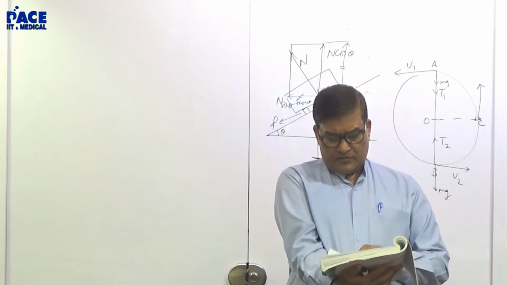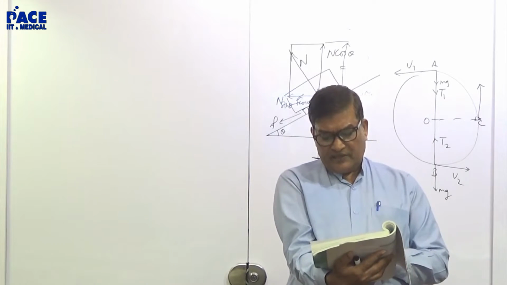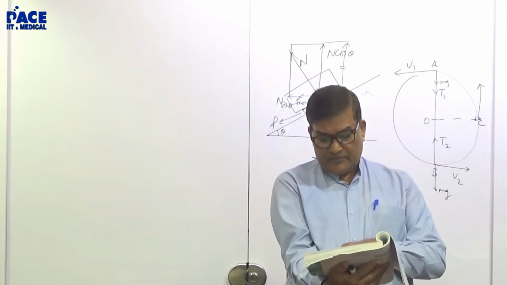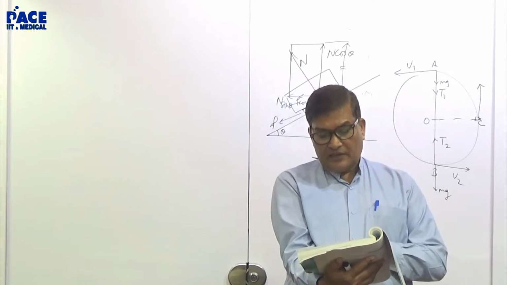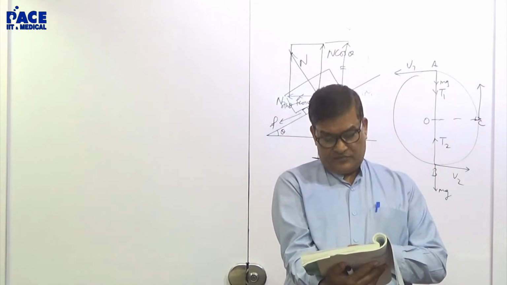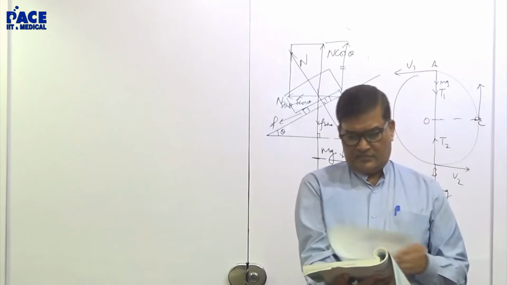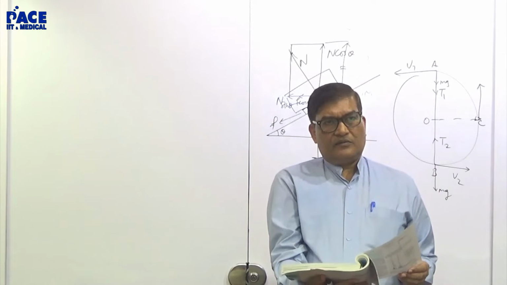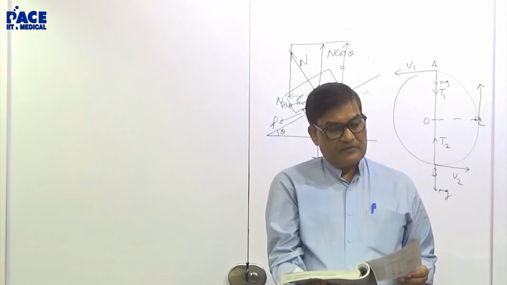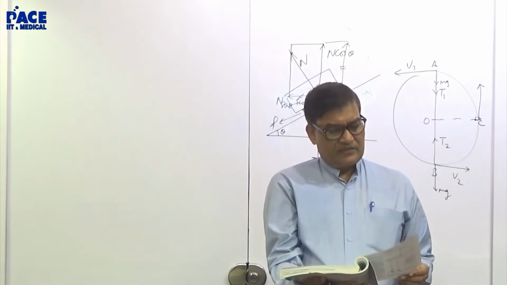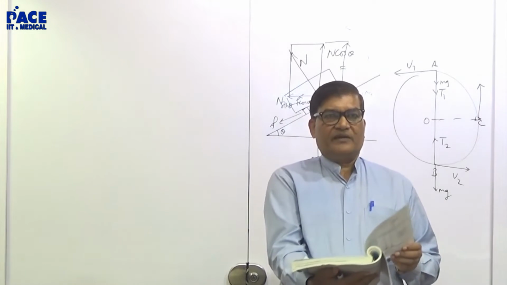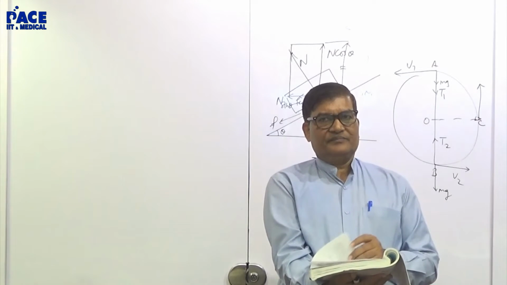Then repeatedly a question has been asked, that is behavior of metal wire under increasing load, topic number 5.8. The diagram can be asked, a labelled diagram for 2 marks, or the full topic for 4 marks.